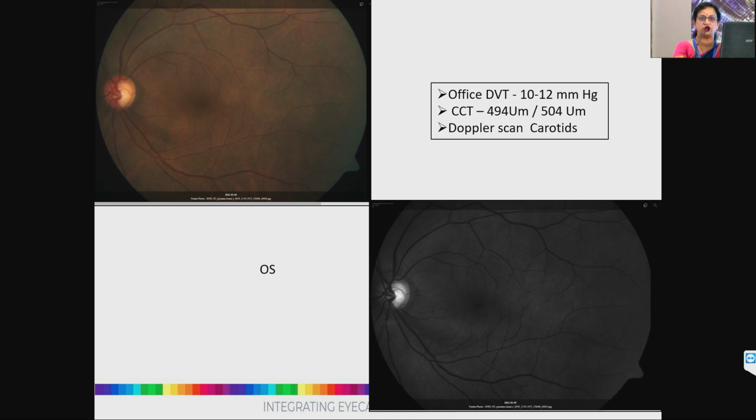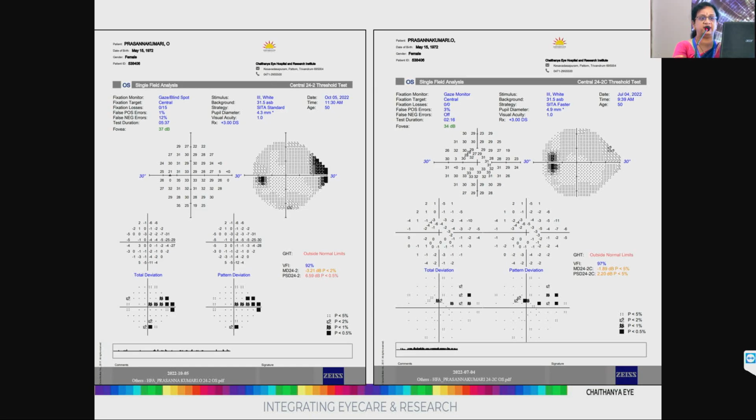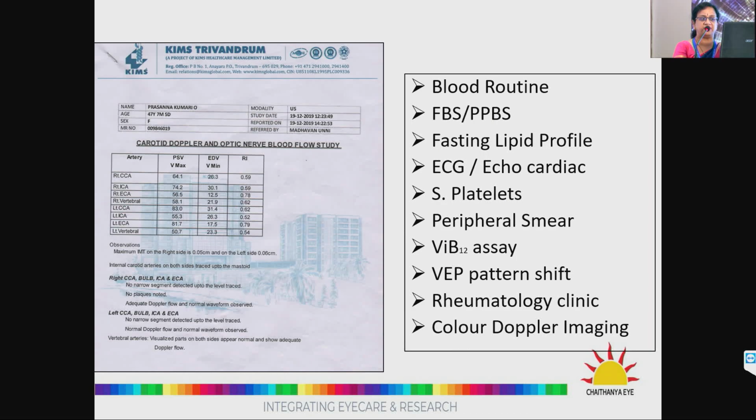So she was started on a topical prostaglandin analog, aiming for a reduction of 30%, and this is evident by the stability in her fields done recently. The fixation threat, the tubular field, right from 2009 to 2022 is maintained in the right eye, and the left eye is absolutely asymmetric.